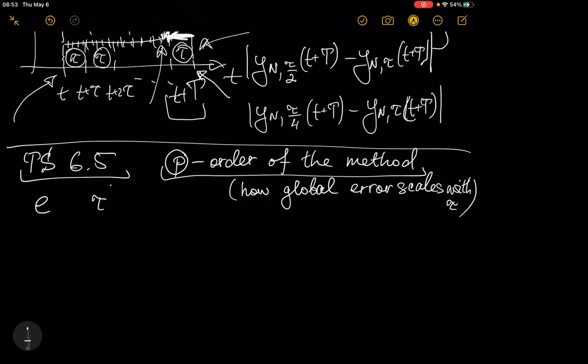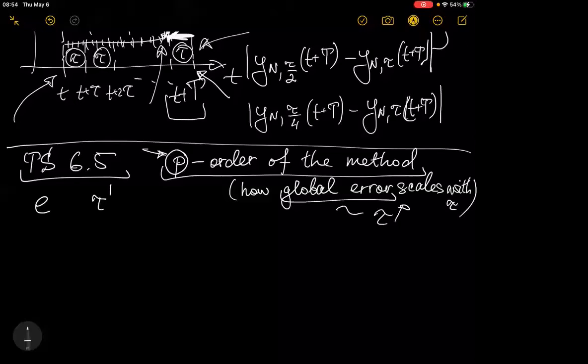No. P is, as I said, the order of the method. And you remember I introduced it during the last lecture, that the order of the method means the global error is tau to the power P. Sorry, yeah, P plus 1.